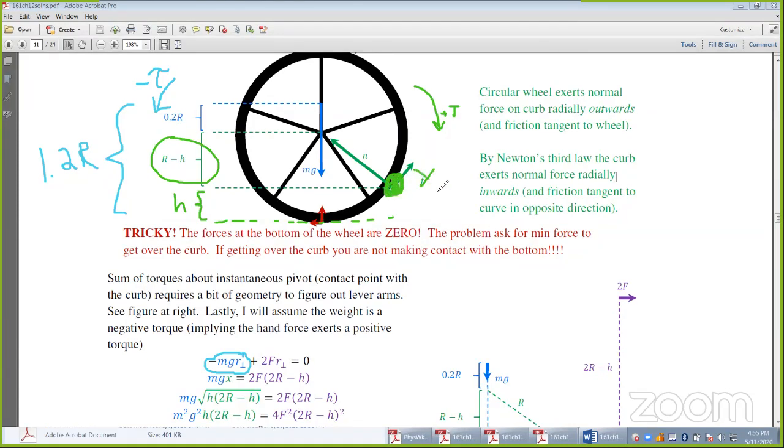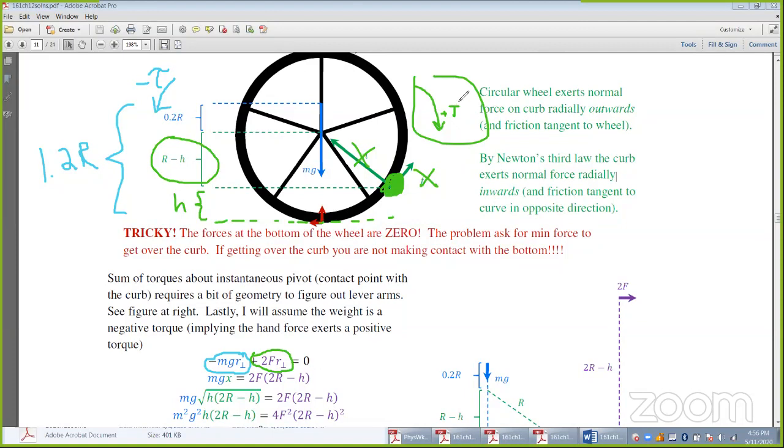That means this causes no torque because the line of action runs through the pivot. This causes no torque. So because these forces are so tricky to understand, I want to get rid of them, all right? So I put my pivot point right there. All right, and so that's the reason why this is a positive torque.